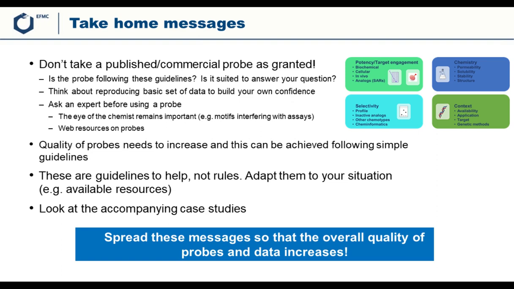First of all, it's not needed, but also it's not always possible. So adapt these guidelines to what you can do and what you think you should do to make your probe good and good enough to be published and shared with others. And if you can't generate all the data, make the limitations clear and others may generate the data you need.